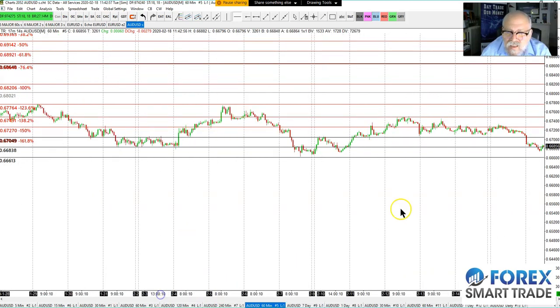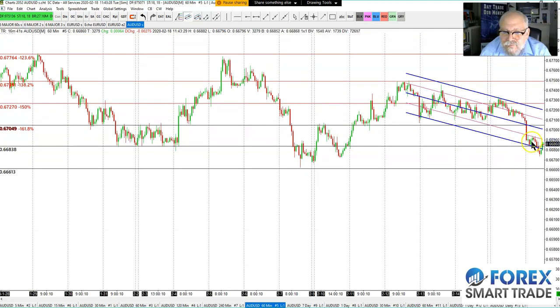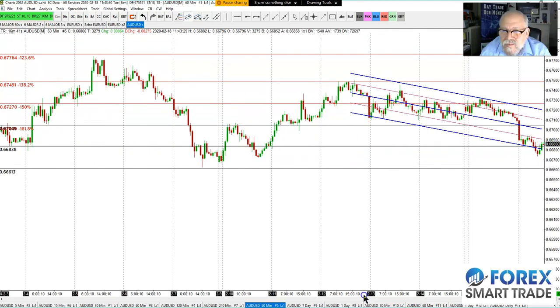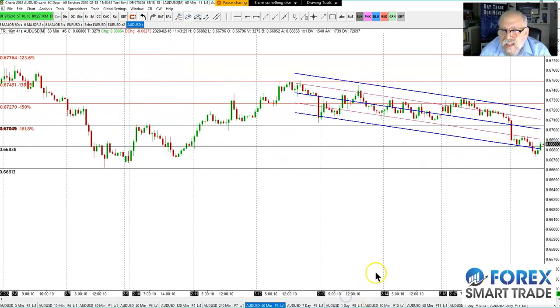So we are sitting right on a support line. And let's see, over the last 5 days, we've got a very slight downtrend. Very slight downtrend. Let's get this so we can see it a little better. A very slight downtrend.